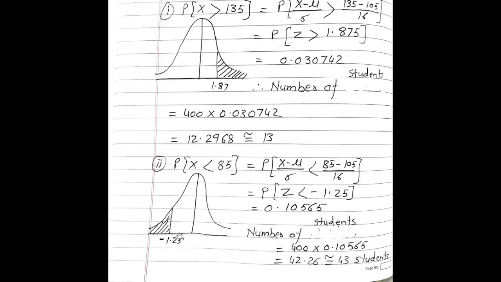As this is the tail part, directly we write the answer here. But again, we want the number of students. The number of students can be calculated by multiplying the probability with 400, because there are 400 students available. So 400 into 0.10565 is equal to 42.26. So approximately 43 students we can get.